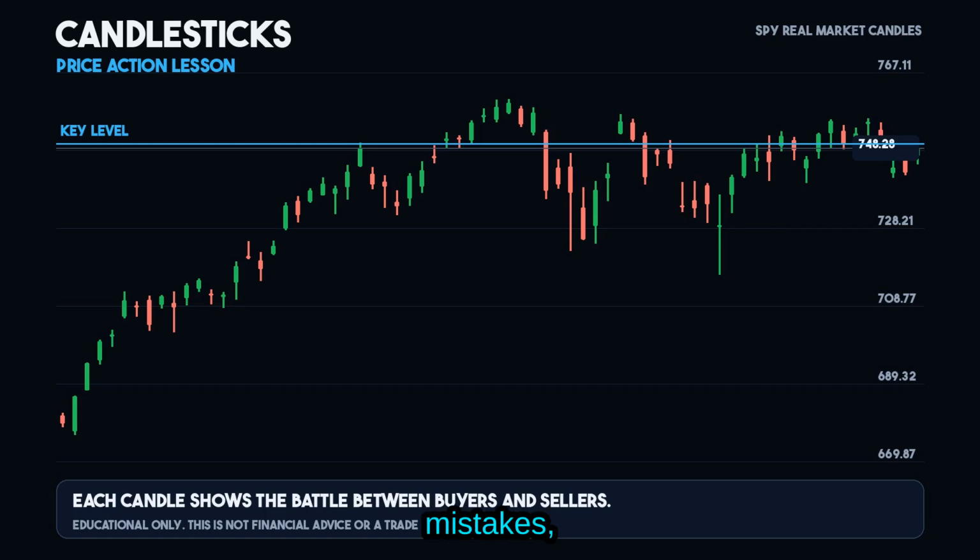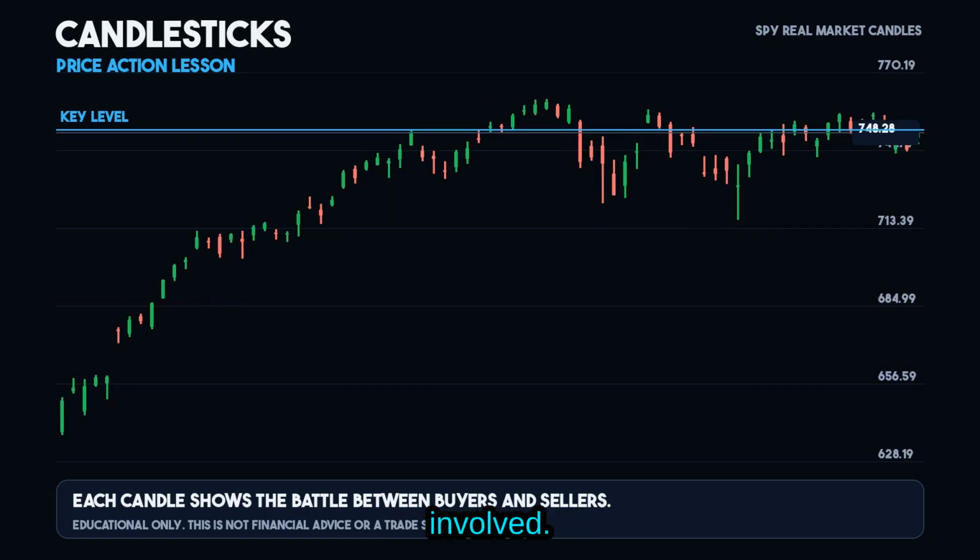To avoid these mistakes, you need to prioritize clear planning and discipline. Define your entry triggers, invalidation levels, targets, and management clearly, and stick to your plan like your life depends on it. Remember, trading is not a lottery, it's a business, and you need to approach it with a solid plan and a clear understanding of the risks involved.